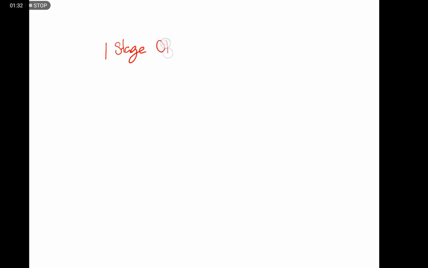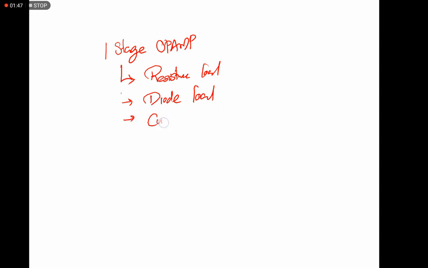One-stage OPAMP. In one-stage OPAMP, similar to our differential amplifier, it can use resistive load, or diode connected load, or it can use current source load, or it can use cascode configuration, or it can use current mirror also, that we didn't discuss in differential amplifier.